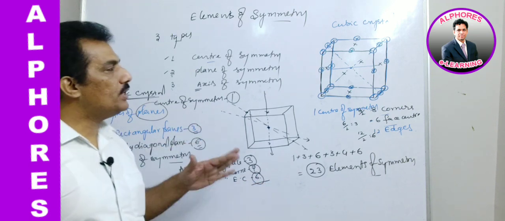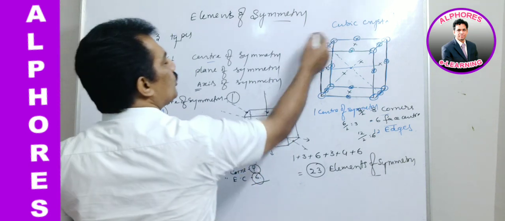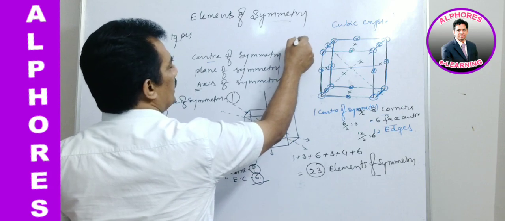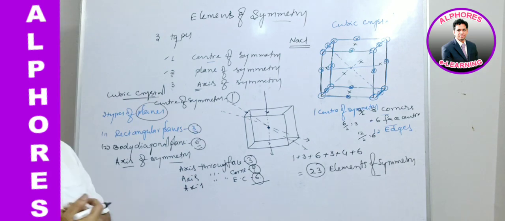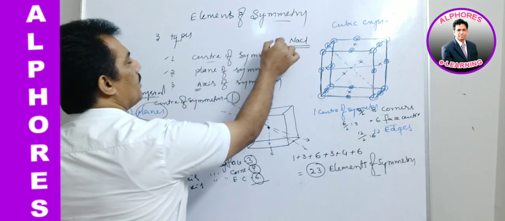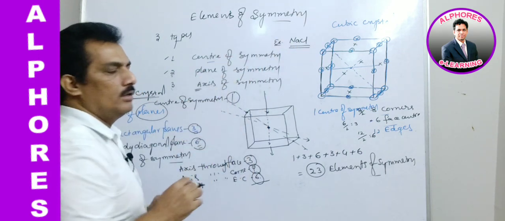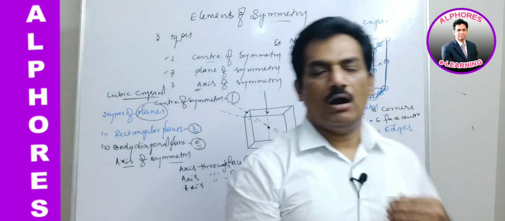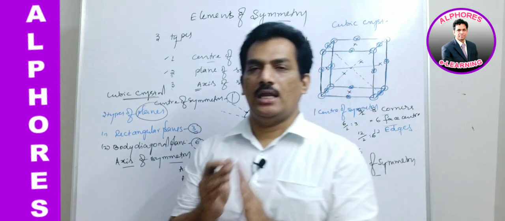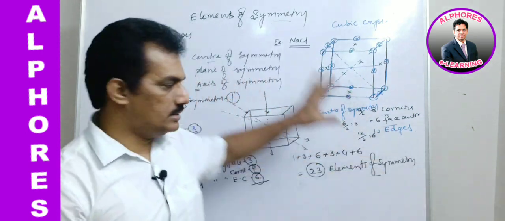The best example for a cubic crystal, which we already studied in junior inter, is the NaCl crystal. NaCl is the best example for a cubic crystal. Cubic crystals similar to NaCl have 23 elements of symmetry like this.